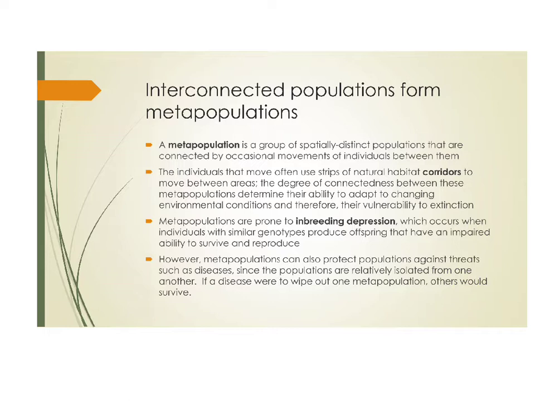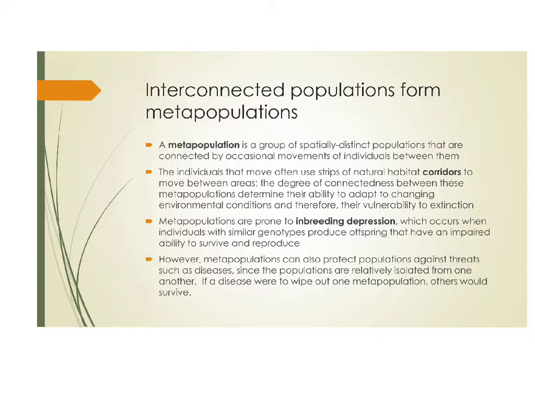Metapopulations are already prone to what they call inbreeding depression because they are geographically or spatially distinct and isolated from one another. And again, if the habitat corridors used by the individuals going back and forth between these metapopulations are somehow blocked, then the populations begin to breed within themselves.